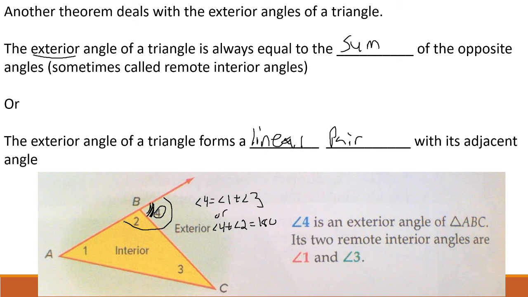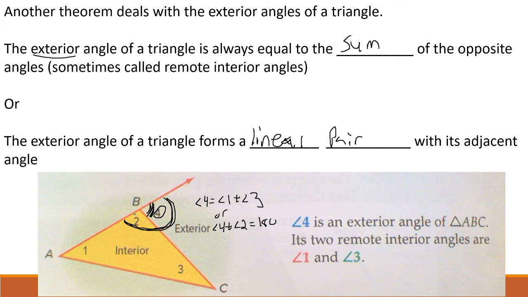There is that little half arc there that you can play off of to solve with. So either one of these statements is correct: you can say that angle 4 is equal to the sum of the opposite interior angles, also called the remote interior angles, or you can say that it simply adds to 180 with its adjacent angle.